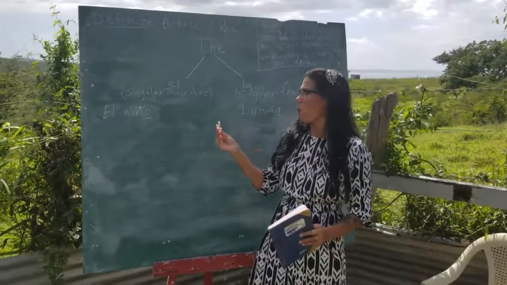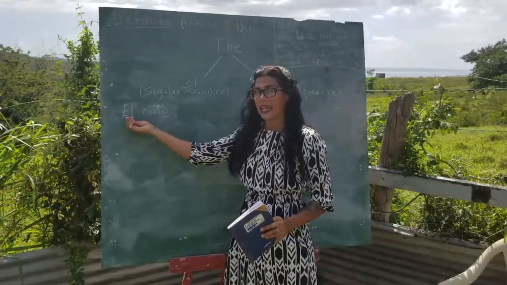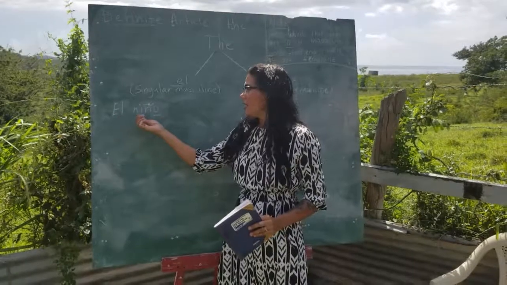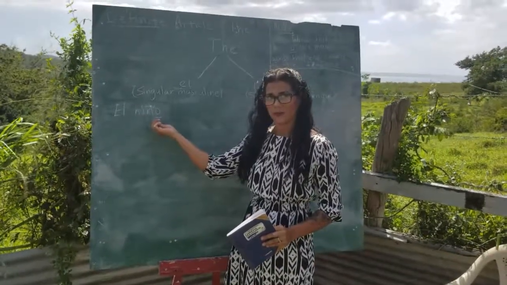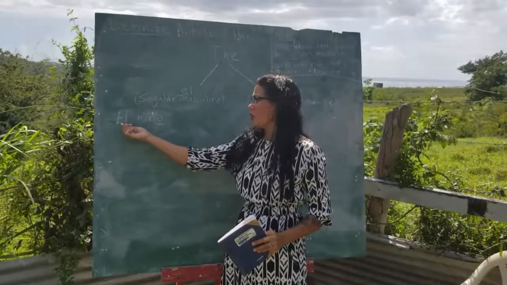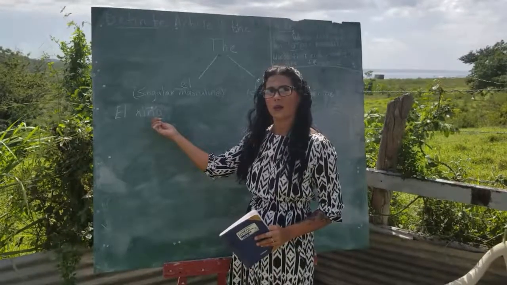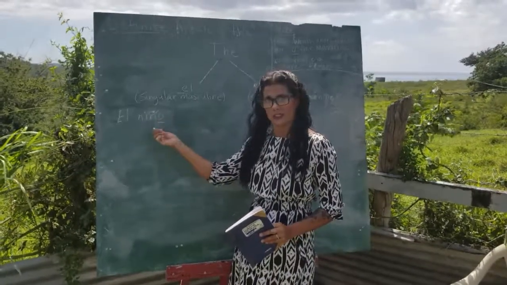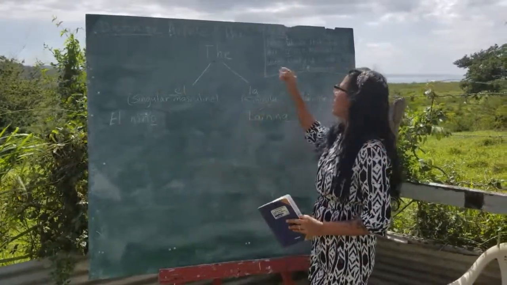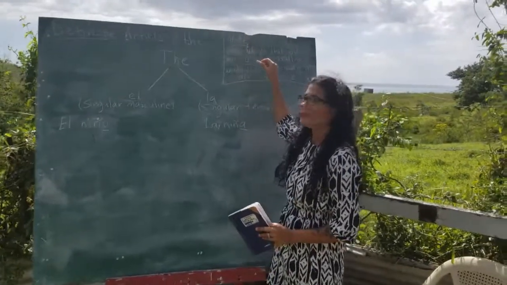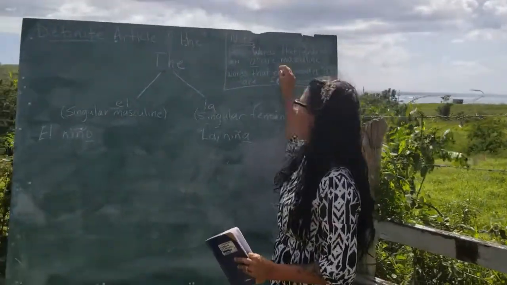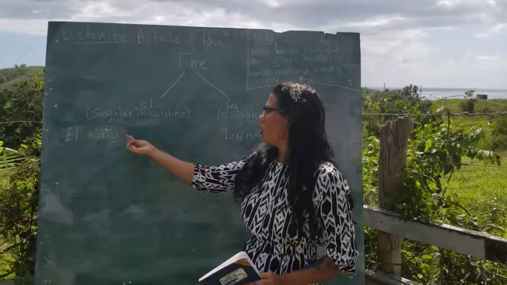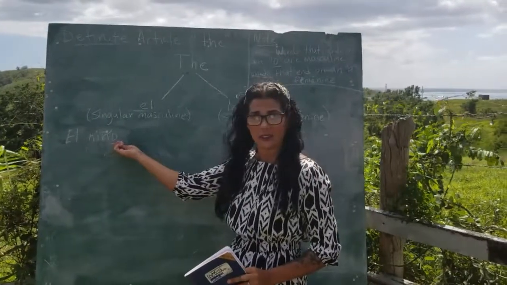Example: el niño. El niño. So niño is one niño and it's masculine. Let's look into the note that I wrote. Words that end on an O, like niño, are masculine.